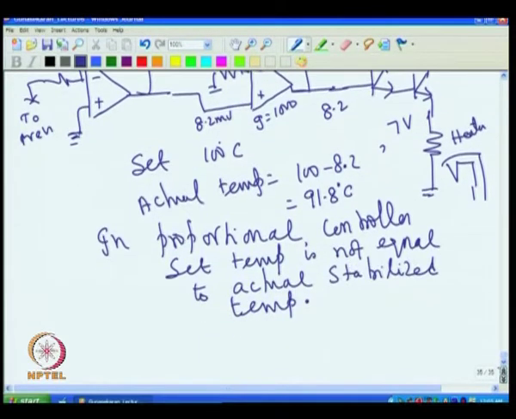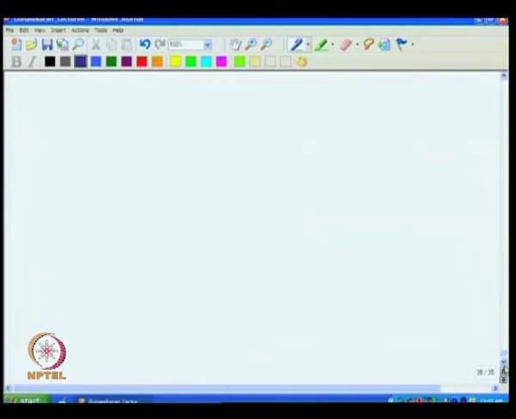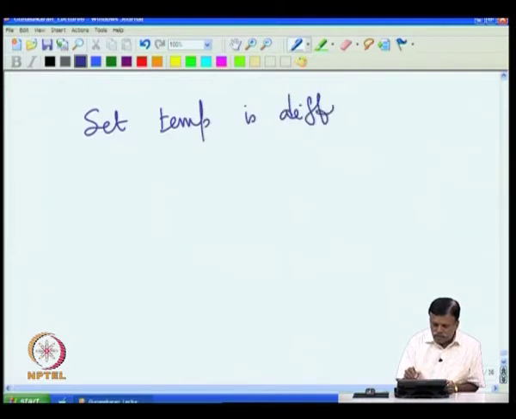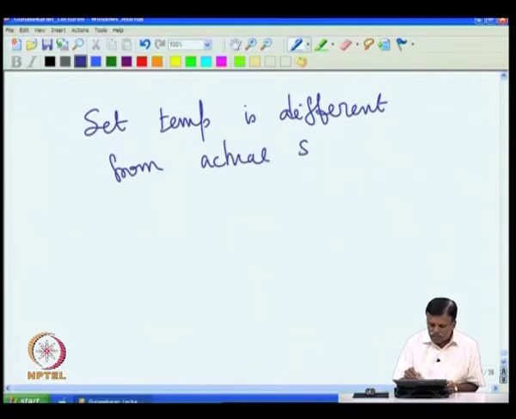So, set temperature and the actual stabilized temperature are different. Set temperature is different from actual stabilized temperature.